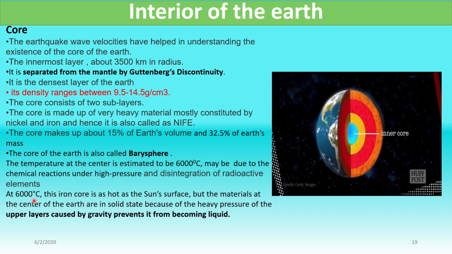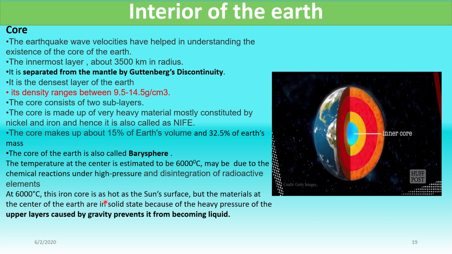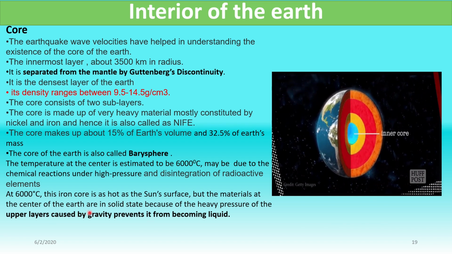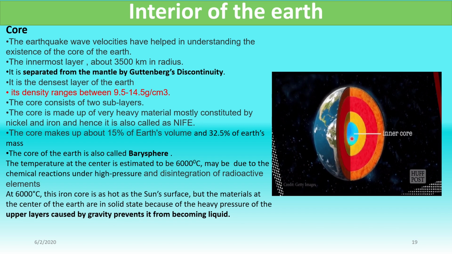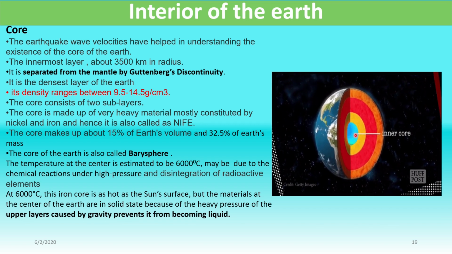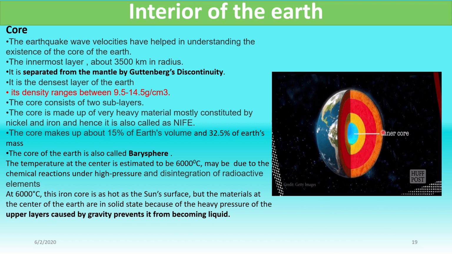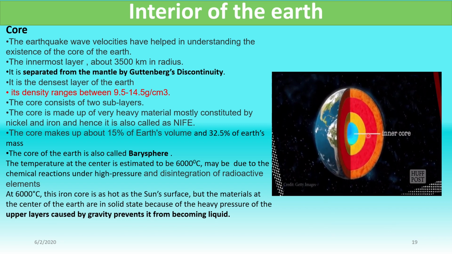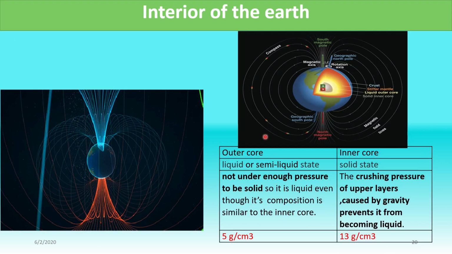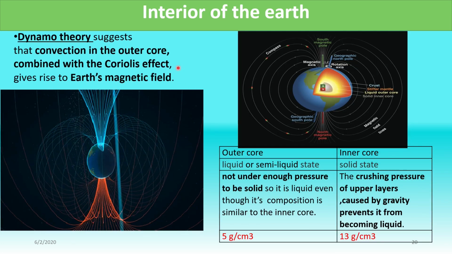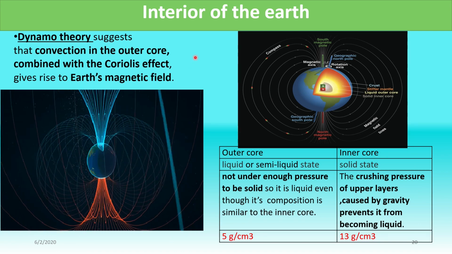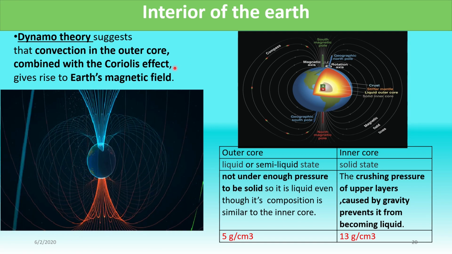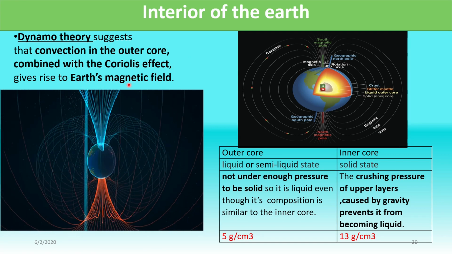At 6000 degrees centigrade, this iron core is as hot as the Sun's surface, but the materials at the center of the Earth are in solid state, that is the inner core, because the heavy pressure of the upper layers caused by gravity prevents it from becoming liquid. Dynamo theory suggests that convection in the outer core combined with the Coriolis effect gives rise to Earth's magnetic field.